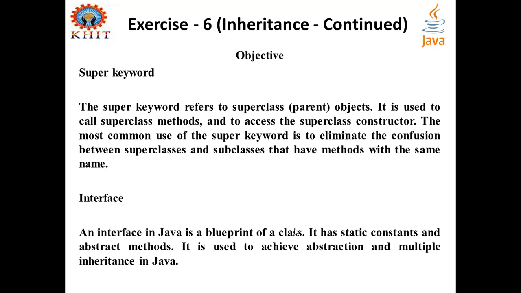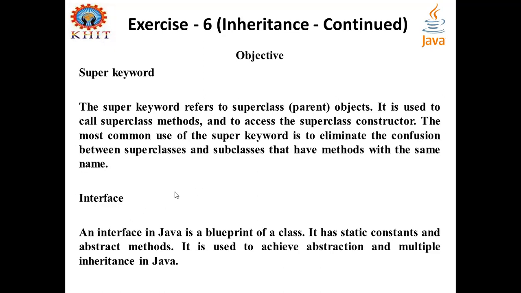It is used to call superclass methods or instance variables as well as superclass constructors. The use of the super keyword is to eliminate confusion between superclass and subclass objects that have methods with the same name. So naming collision can be overcome by using the super keyword in the inheritance concept.